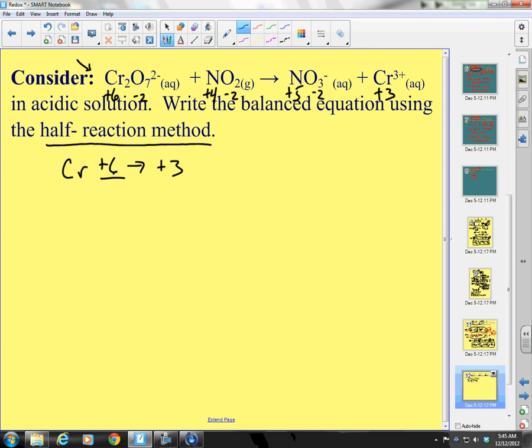That means its number is going down, which means it is what? Chromium is reducing. Oxygen is going from minus 2 to minus 2. Okay, nitrogen is going from plus 4 to plus 5, meaning it is doing what? It is increasing. That means it is oxidizing. Okay, so we've determined what is oxidizing and what is reducing.